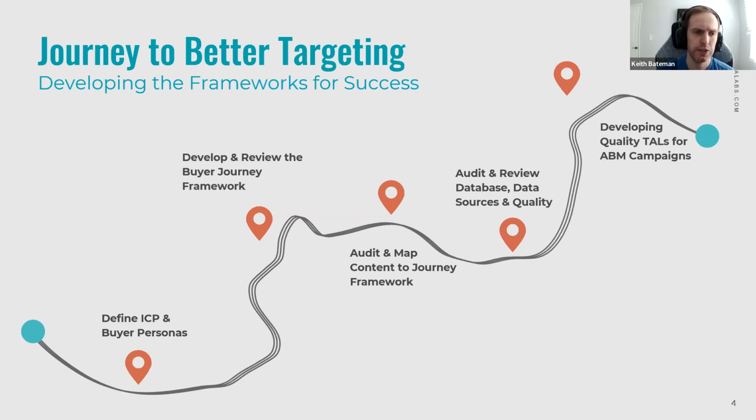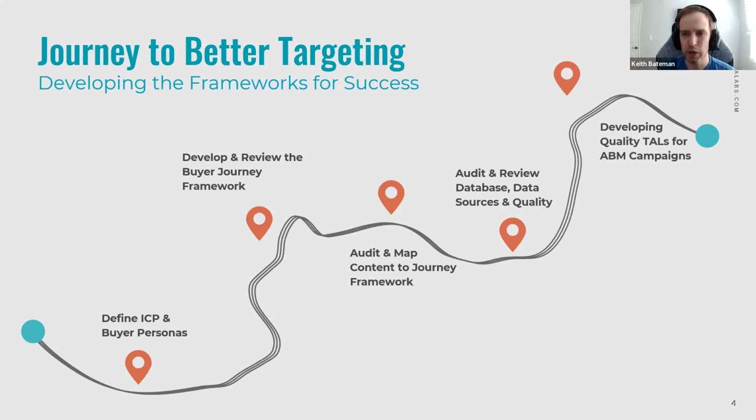Then once we've done that, we're going to develop and review our journey framework. Then we'll take a slight pit stop in auditing and mapping our content to our buyer journey framework to make sure that we have all the pieces in place to really target our buyers at the right stages within their cycle with us. And then we'll do a review and audit of our actual database of our prospects to make sure, does the quality of our database match up with who we're trying to target? Do we have complete profiles?